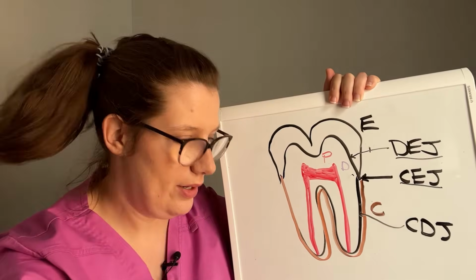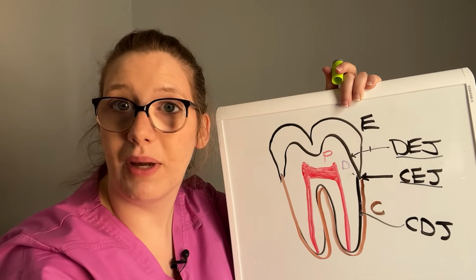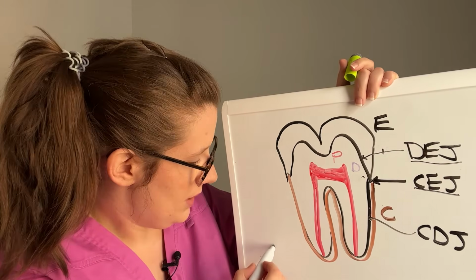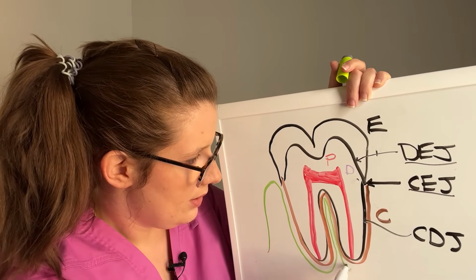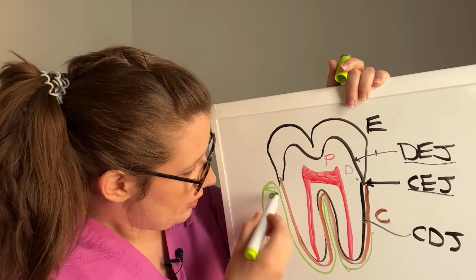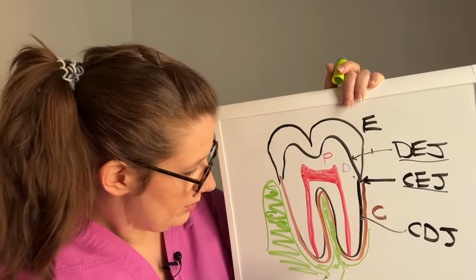Let's quickly go over the periodontium, which I'm going to do on this half of the tooth for the sake of not cluttering my board too much. I'm going to make the bone that surrounds the roots of the teeth, and we're going to skip that side. I'm going to make some holes. And so here's the bone. And the bone that surrounds the roots of the teeth is the alveolar bone.